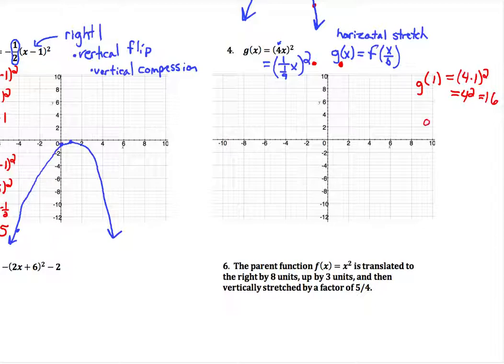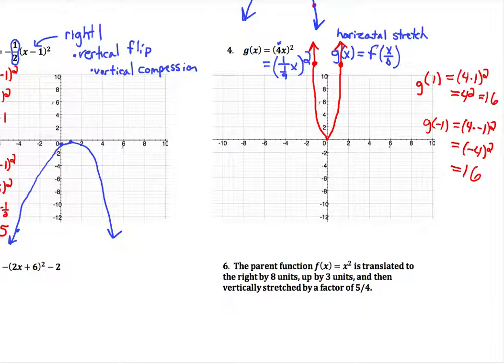If you plug in negative 1, it's going to be 4 times negative 1, squared, which is negative 4 squared, which is also going to be 16. And that's what I went ahead and plotted here. So you can see that this is clearly not horizontally stretched. Still going to go back down to the origin, but it's clearly very, very steep. And if you think horizontally, that's basically a horizontal compression. It's horizontally compressing the two sides in and becoming very steep.